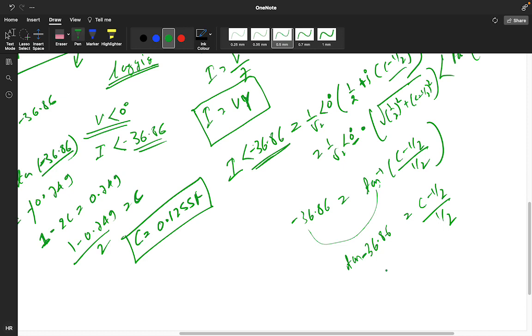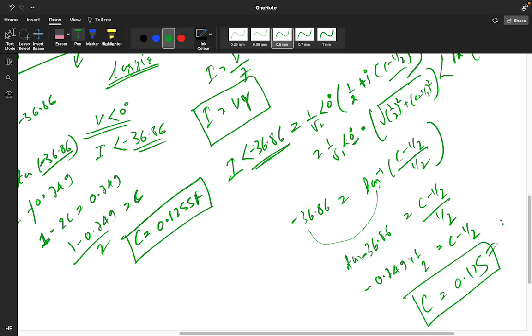So plus 1 divided by 2, you are getting the value of c as 0.125. 0.125 means 1 upon 8.